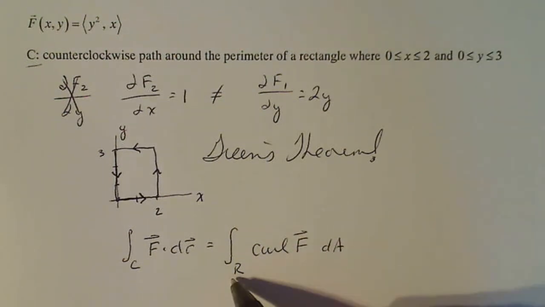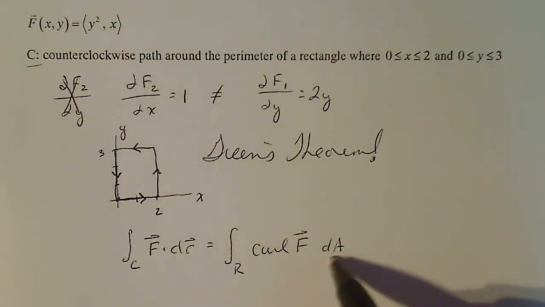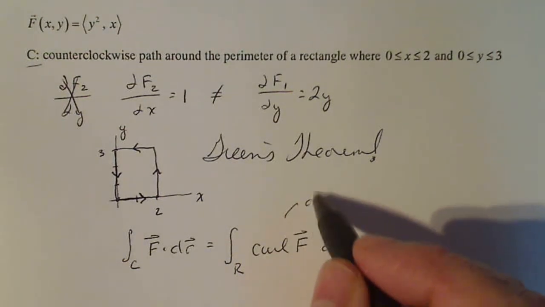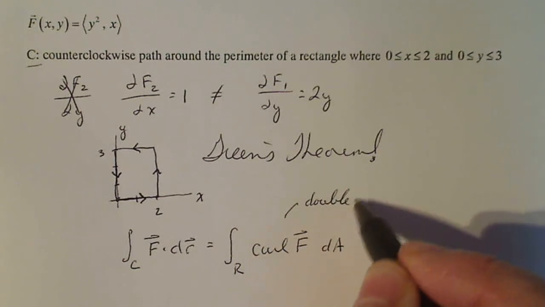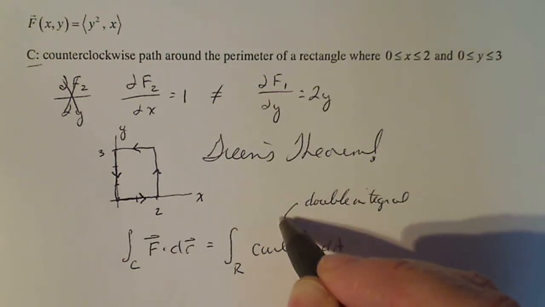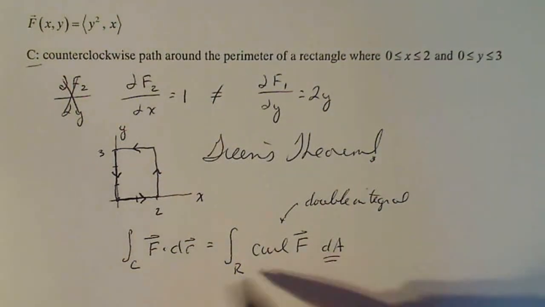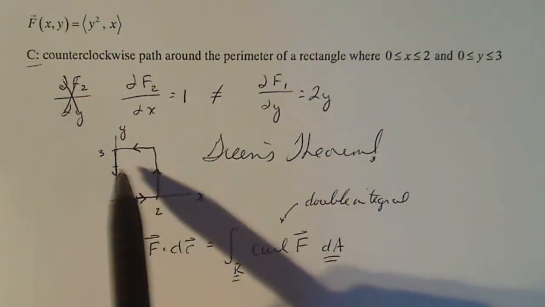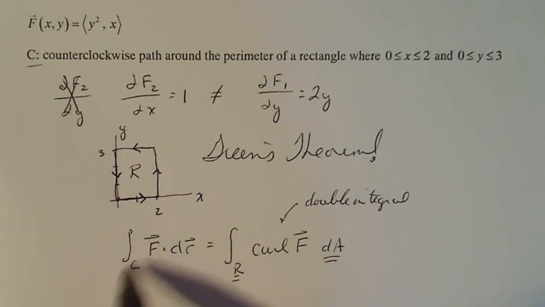Now dA and R: this is a region in a two-dimensional space, xy. dA is the change in x and the change in y. So this is a double integral, or iterated integral depending on your teacher. And R is the region around which the curve falls.